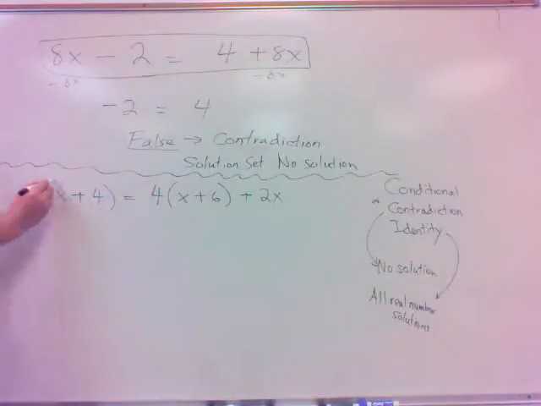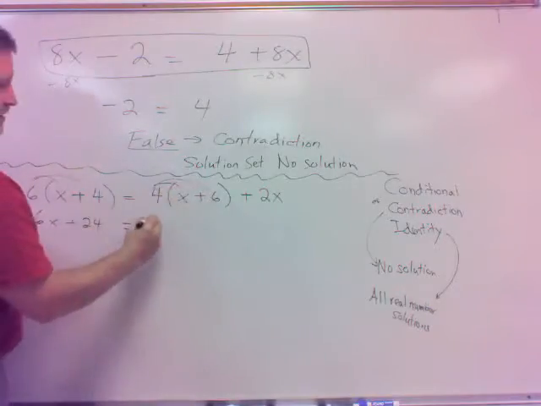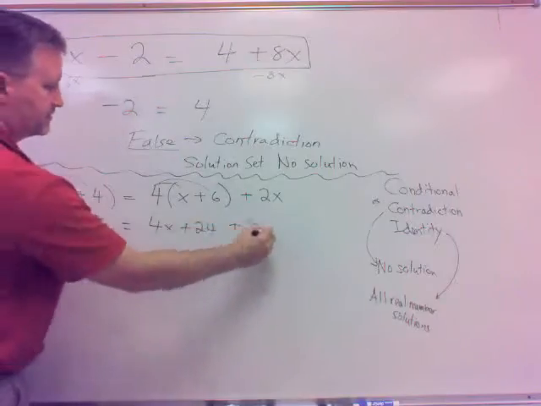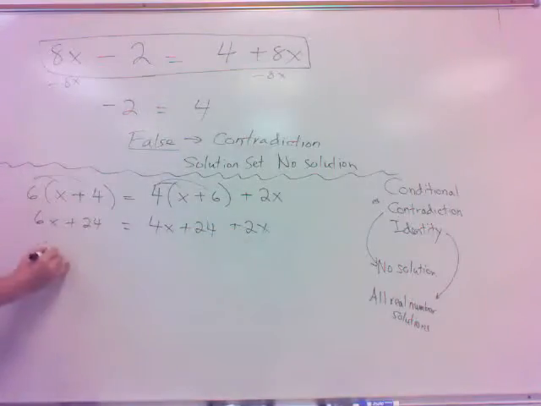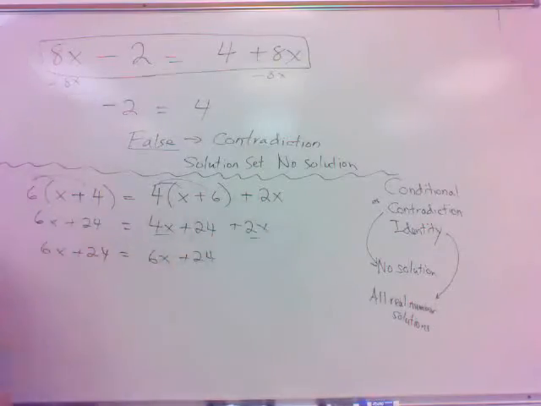So that's distributing: 6x + 24 equals, distribute there, 4x + 24, plus 2x comes down. We get 6x + 24 equals, then those two, 6x + 24. Combine the like terms.